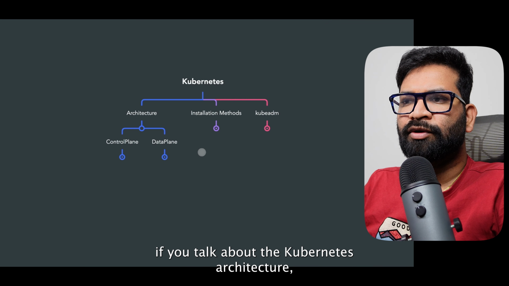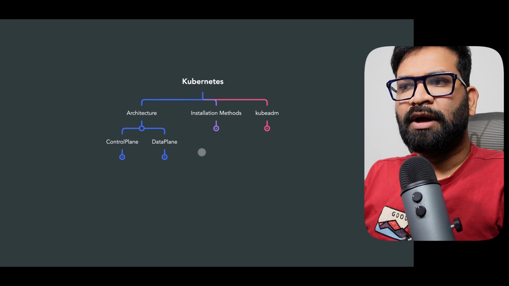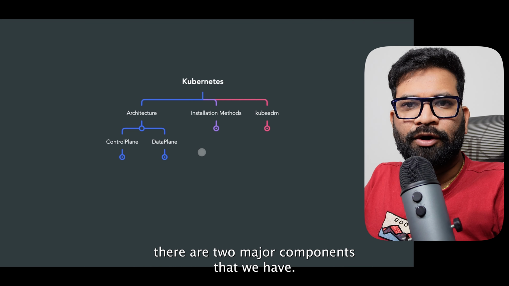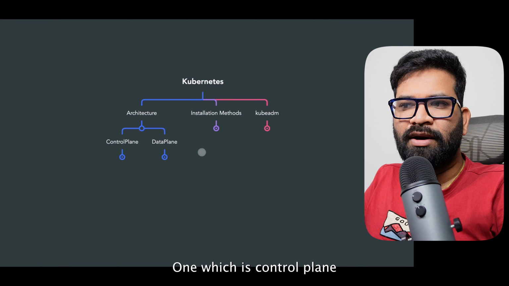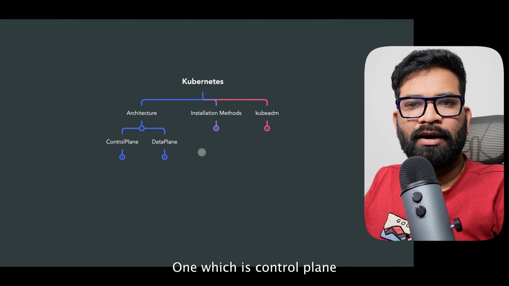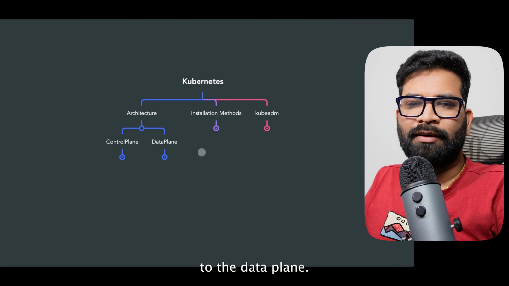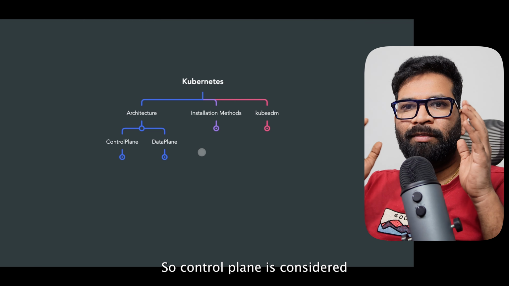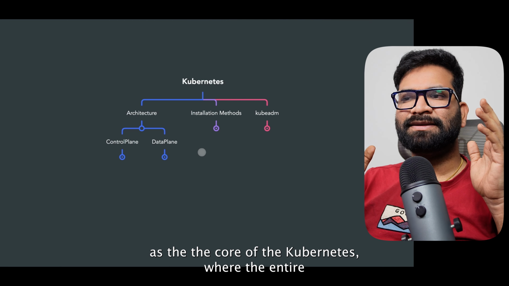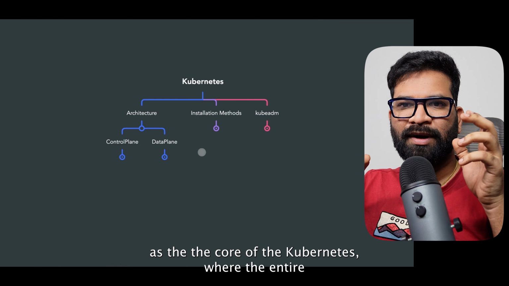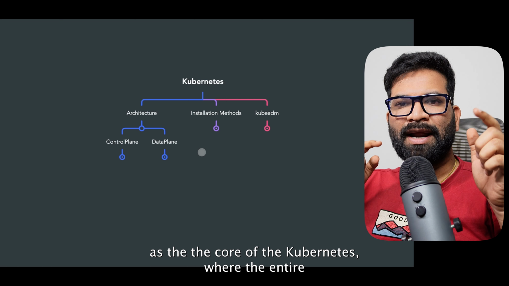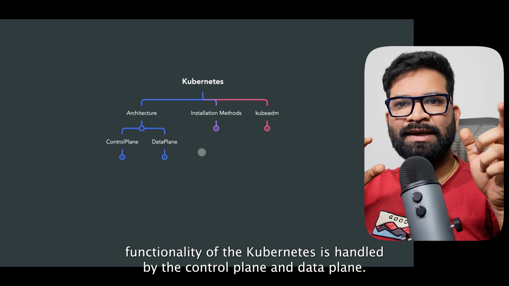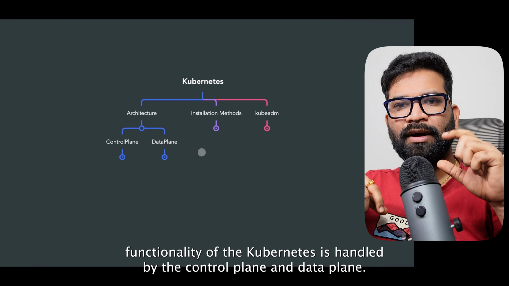If you see on my screen, if you talk about the Kubernetes architecture, there are two major components that we have. One is the control plane, two the data plane. The control plane is considered the core of Kubernetes, where the entire functionality of Kubernetes is handled by the control plane.